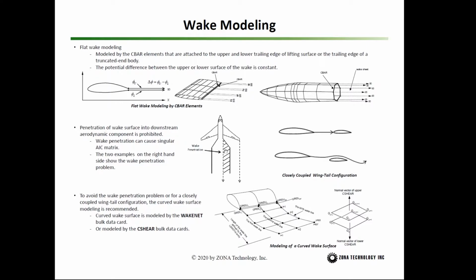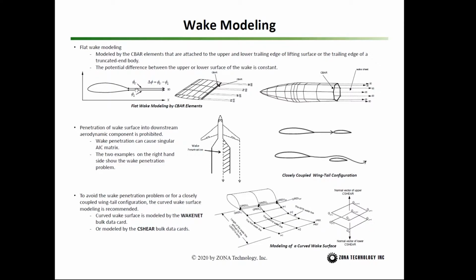For the wake modeling and for the thick wing model, you need to put the C-bars along the upper surface and lower surface along the trailing edge of the wing. And for the truncated end body, you need to put the C-bar around the end of the body. So the potential difference between the upper and lower surface of the wake is constant.